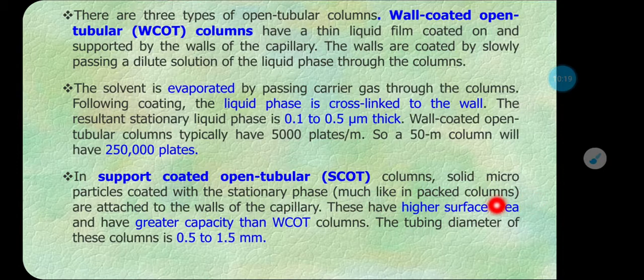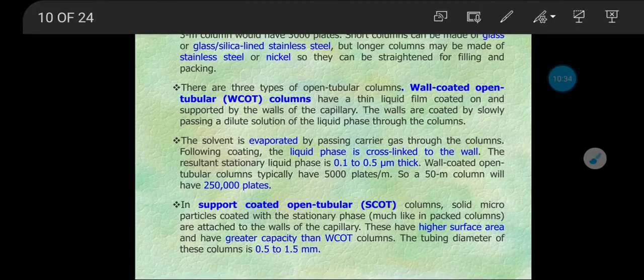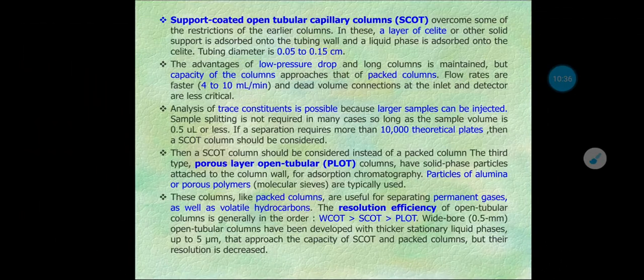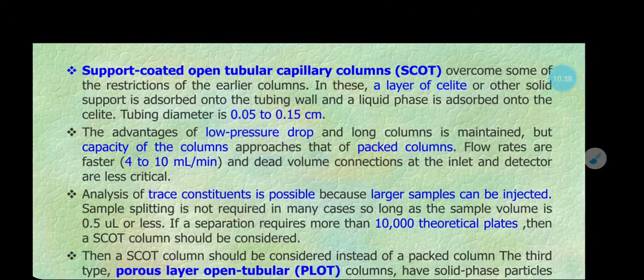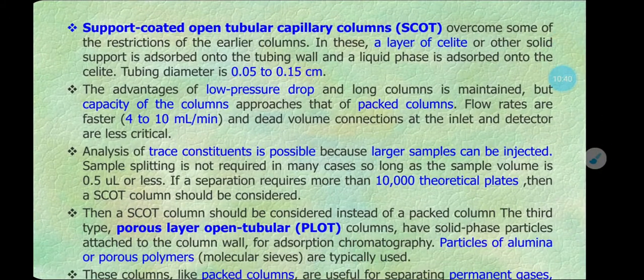The tubing diameter of this column is slightly higher than the WCOT, that is 0.5 to 1.5 millimeter. This SCOT column overcomes some restrictions of the earlier WCOT column.